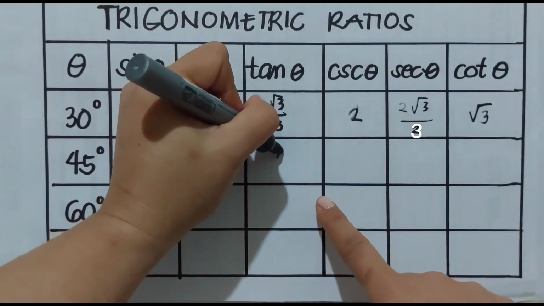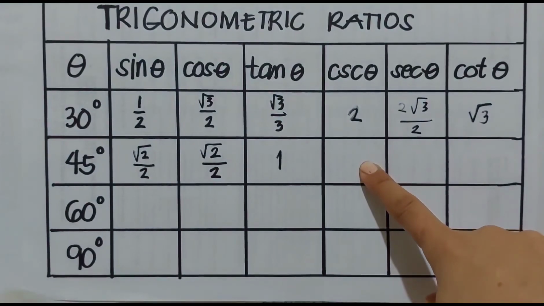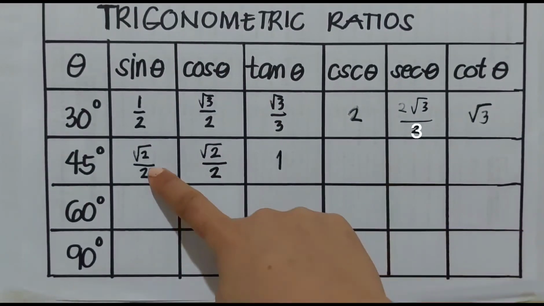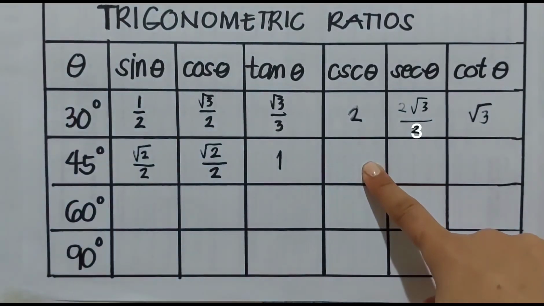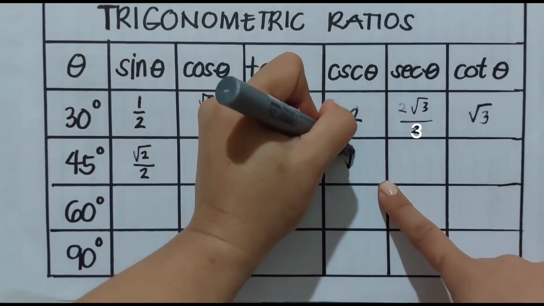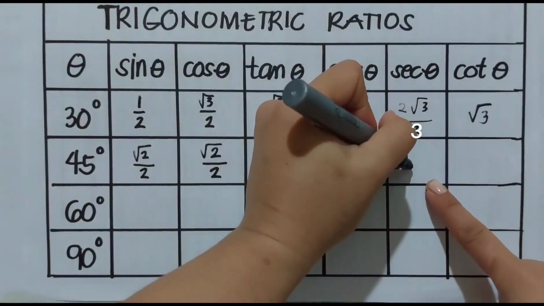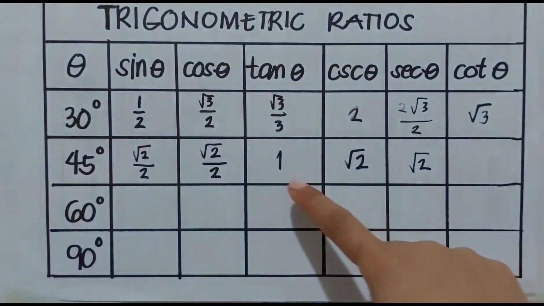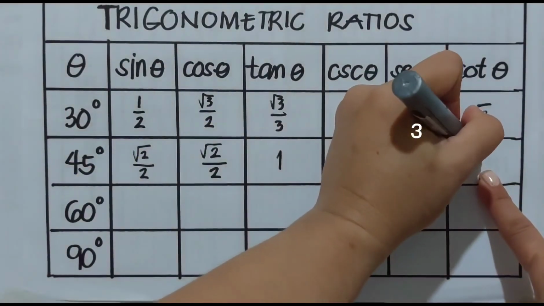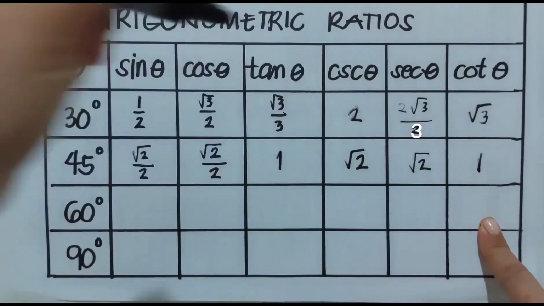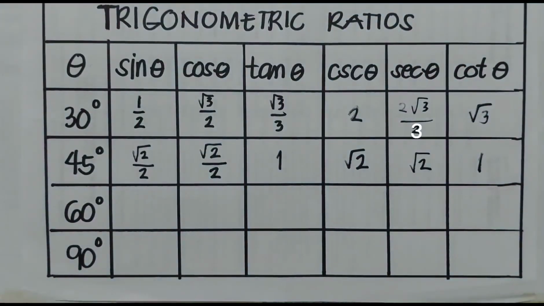That is equal to 1. And what is cosecant 45 degrees? It is the reciprocal, so we have here square root of 2. And then secant is still equal to square root of 2. And the reciprocal of tangent is still 1. Okay. What about 60 degrees?